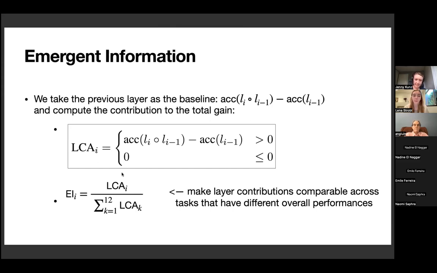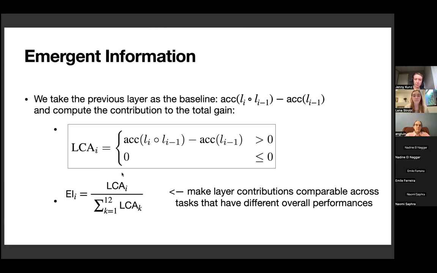And from this, we subtract the accuracy using only the layer Li minus 1, so that we get, intuitively, the information that we have now in our current layer, but that wasn't already present in the previous layer.